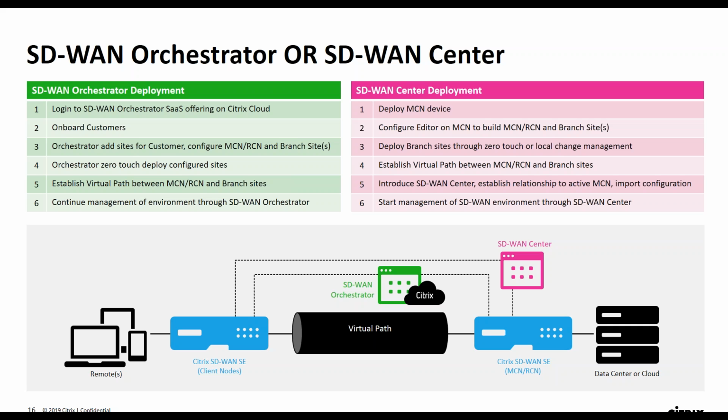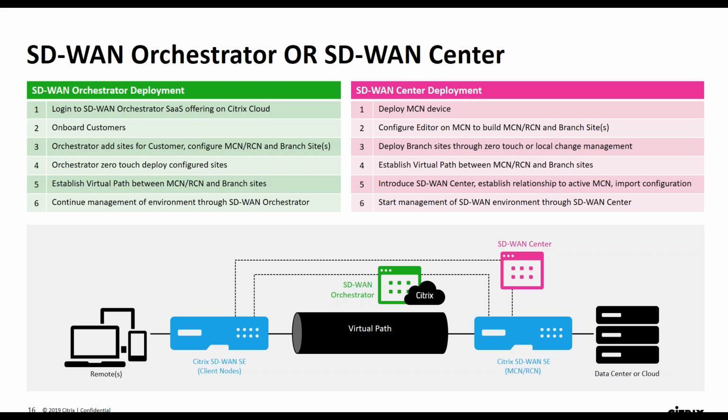Orchestrator has parity with SD-WAN Center, and we do have additional features that we've rolled out, and the long-term solution will be utilizing Orchestrator. I believe SD-WAN Center will be going end of life by the end of this year. So that's something to consider if you're in between the two solutions.